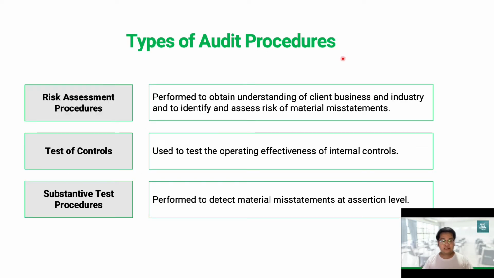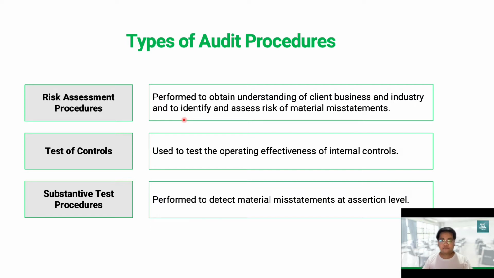So let us discuss, or review, the different types of audit procedures. The first one is risk assessment procedures. We discussed this extensively during our discussion of planning an audit of financial statements. Remember, risk assessment procedures are performed by the auditor to understand the business of our client, including internal controls, and to identify and assess risks of material misstatements.